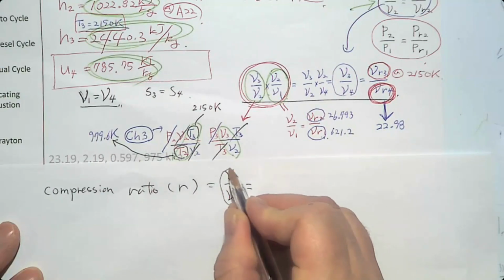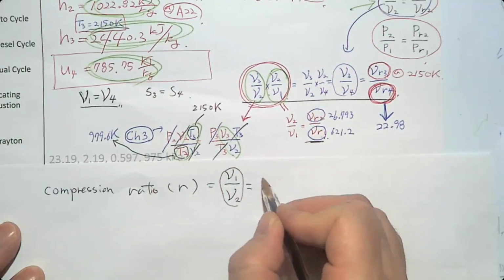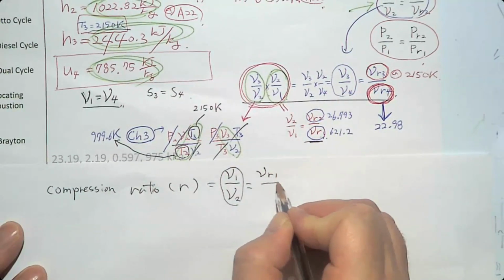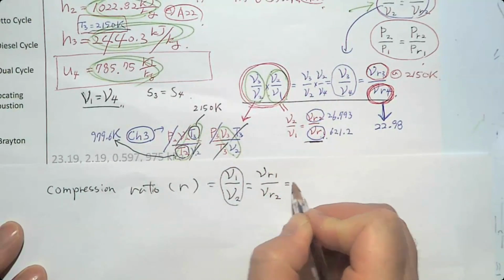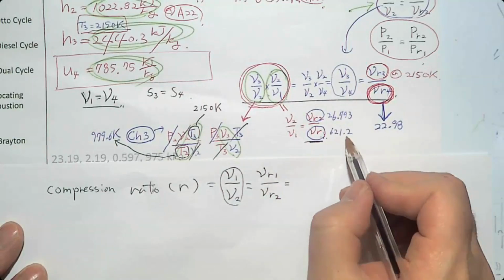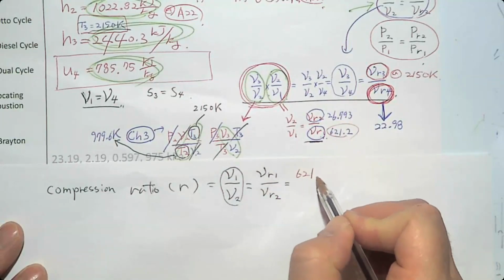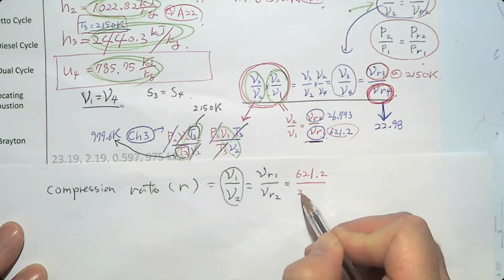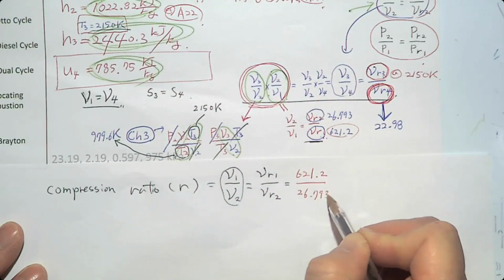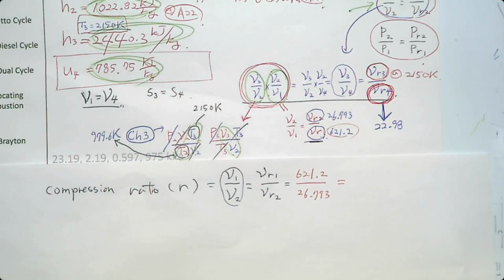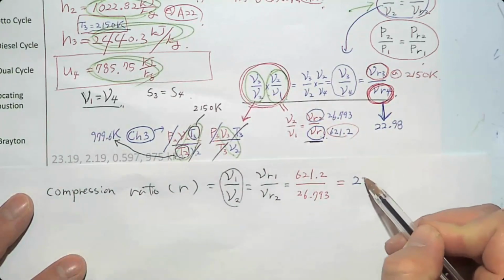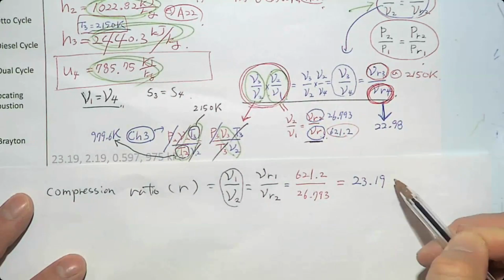We can calculate this one by this equation, VR1 over VR2, and we already found these values, 621.2 divided by 26.793. So if you calculate the compression ratio, it's going to be 23.19.